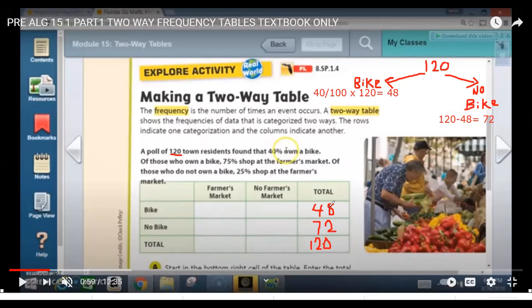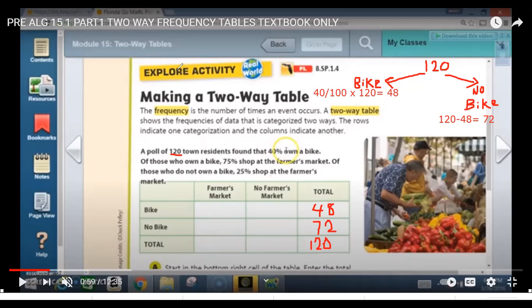Why? Because this is all the number of people who have a bike, and this is all the number of people who don't have a bike. Let's continue. Of those who own a bike, he's talking about 48 or 72? 48. 70% shop at the farmer's market.